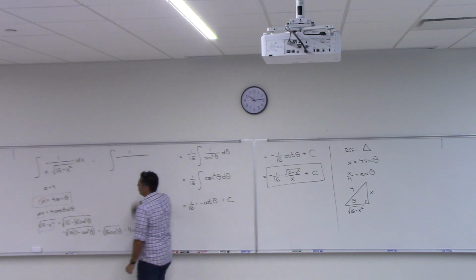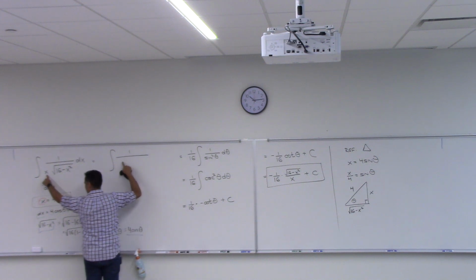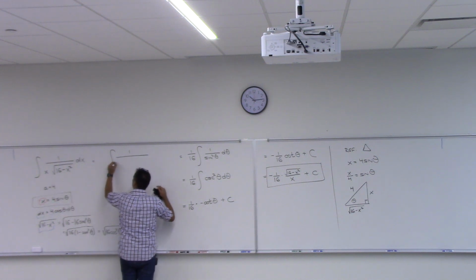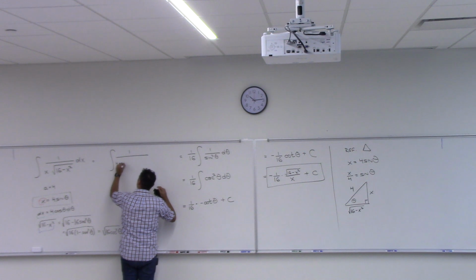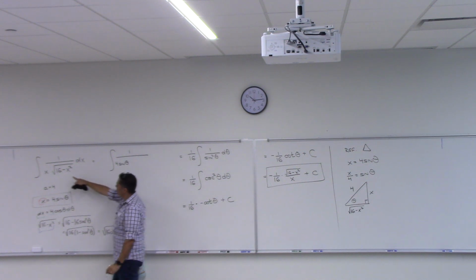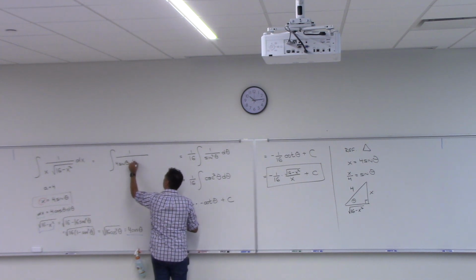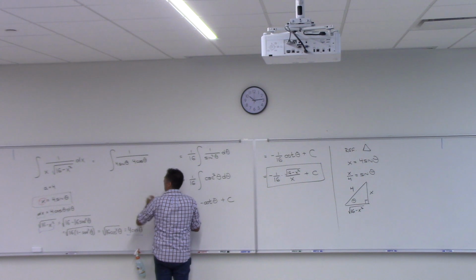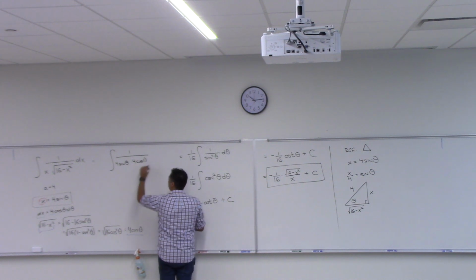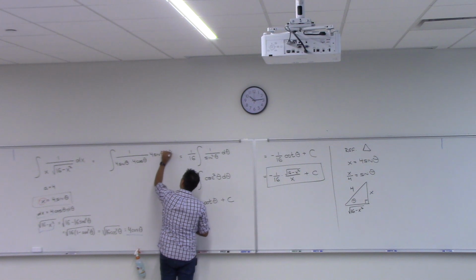It would still be 1 on top, but x here would now be just 4 sine theta, not 16 sine squared theta. The square root piece would still be 4 cosine theta, and the dx would still be 4 cosine theta d theta.